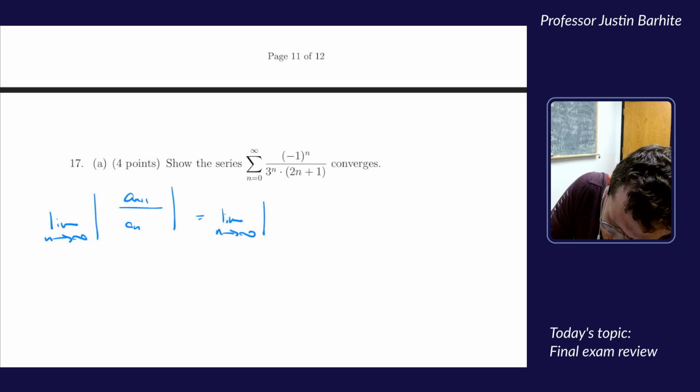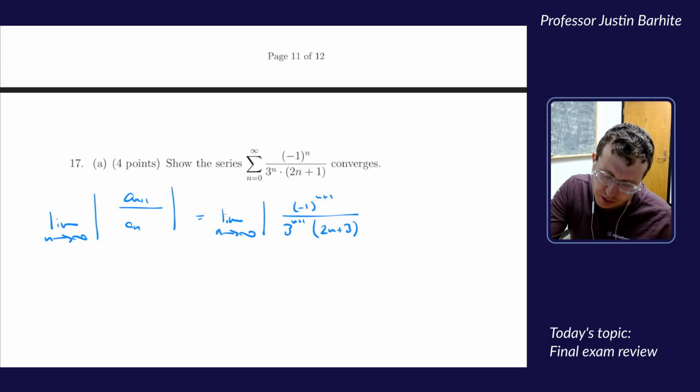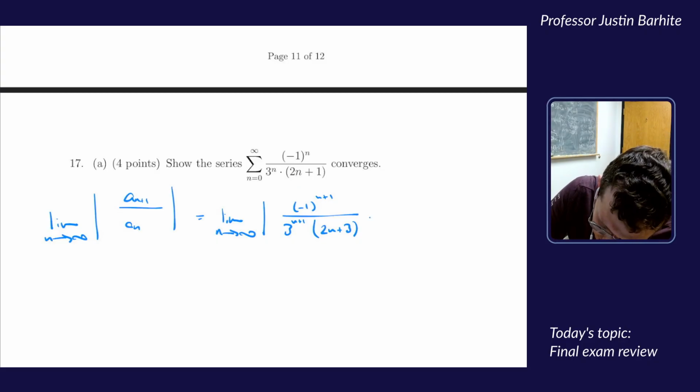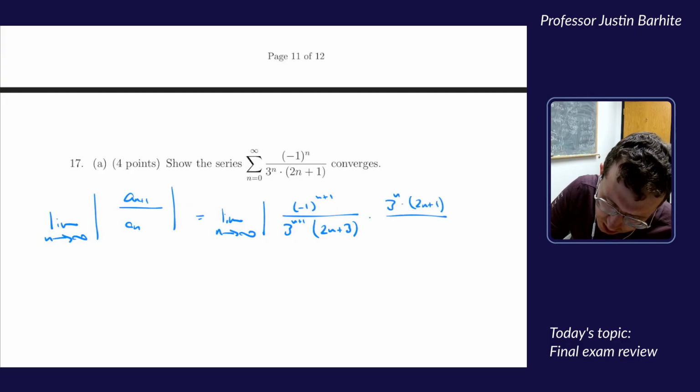So I'm going to have a -1 to the n plus 1 over 3 to the n plus 1 times 2n plus 3. I plugged in n plus 1 there and just distributed. Divided by a_n, so that's going to be times 3 to the n times 2n plus 1 over -1 to the n.